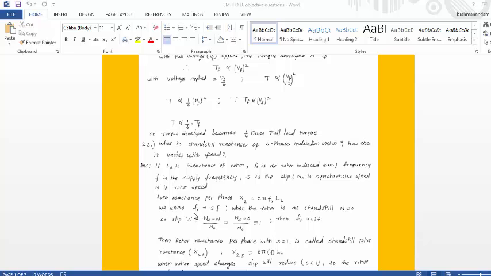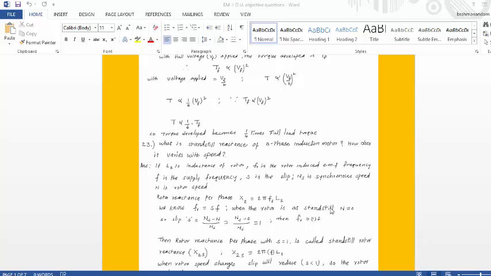We know rotor frequency Fr is equal to slip into supply frequency F. When the rotor is at standstill, that is rotor speed N is equal to 0, then the slip S becomes (Ns minus 0) divided by Ns is equal to 1.